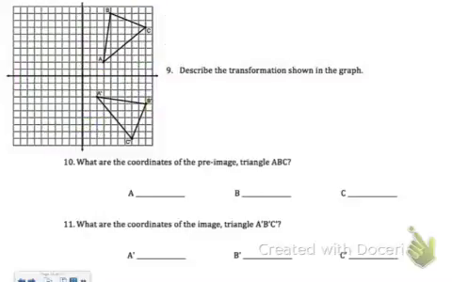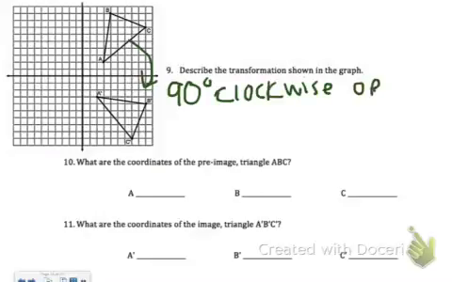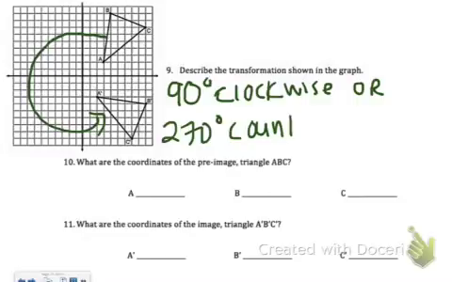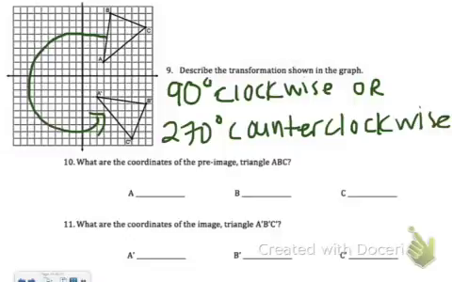So we can either say that we are taking triangle ABC and rotating 90 degrees to the right, which is 90 degrees clockwise, or we can say that we are turning the image 3 quadrants to the left, so we are turning it 270 degrees counterclockwise. Each of these rotations will create triangle A prime, B prime, C prime.